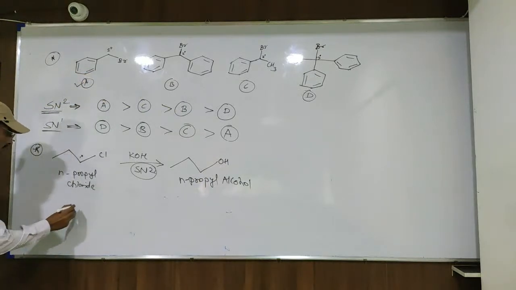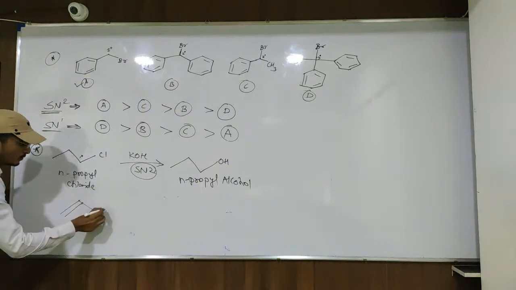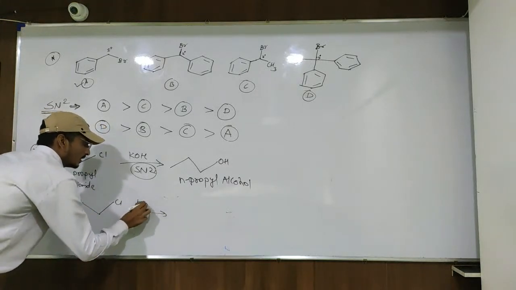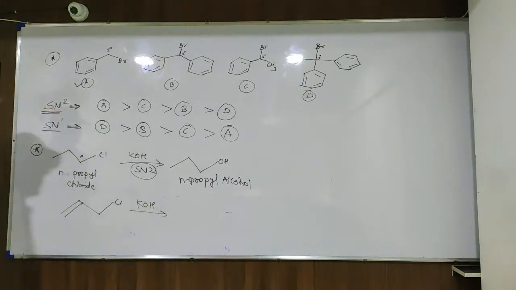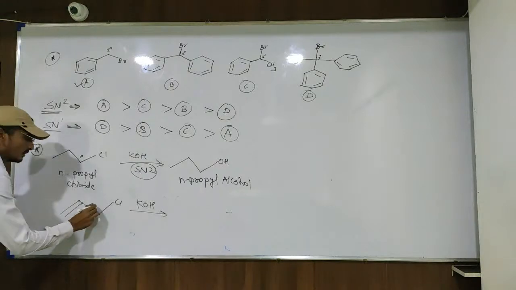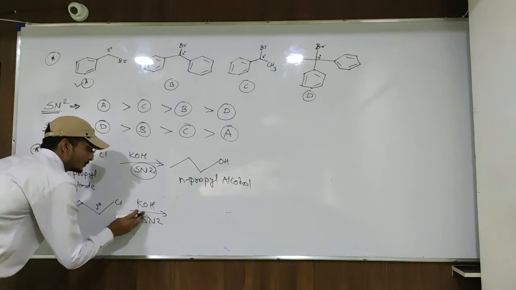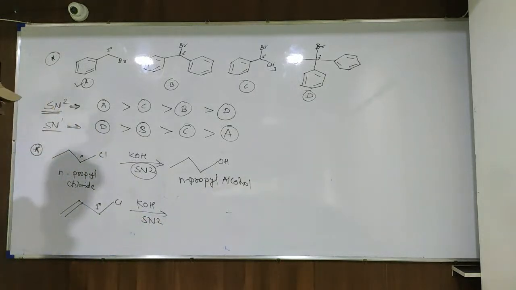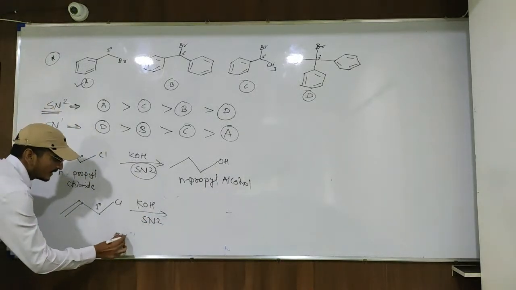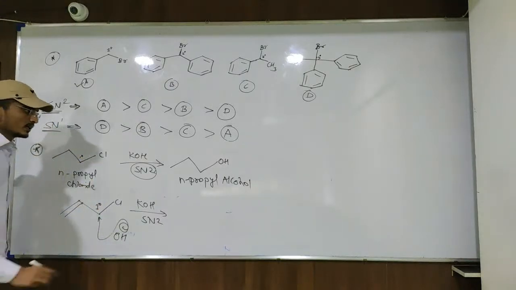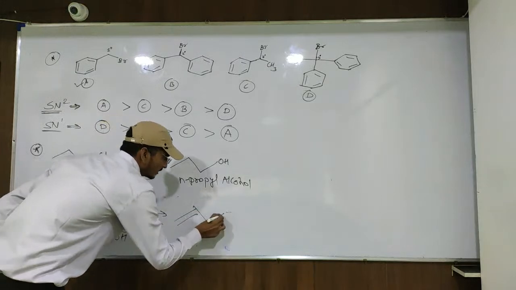But in some cases, suppose you take this type of molecule and again take KOH. That reaction is also favored by SN2 mechanism because you use KOH, a strong nucleophile, and that strong nucleophile always attacks the primary carbon, the Cl group leaves, and you will get the allylic alcohol.